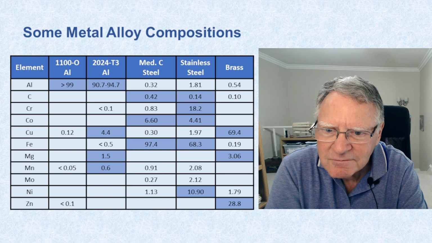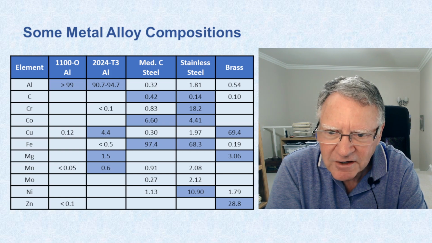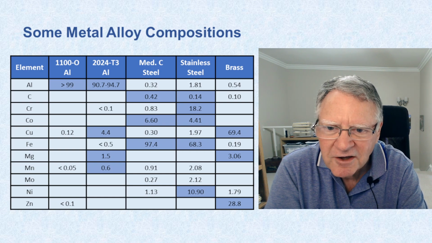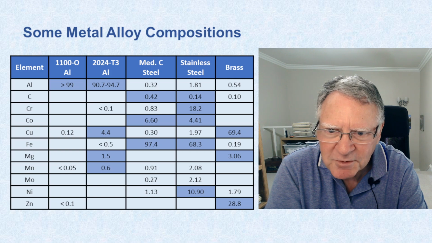It has some cobalt in it, and the rest is iron. And you might notice that in this column, the numbers don't add up to 100%. And that's because this is the average of a bunch of different medium carbon steel alloys. We're not talking about just one particular alloy.